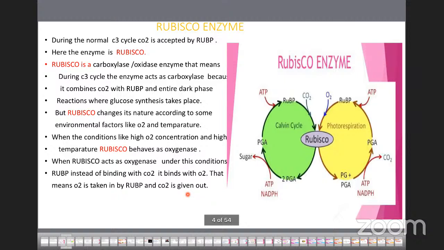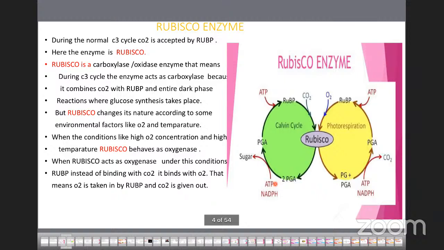So these are the important characteristic features of Rubisco, and that was observed in this picture or in this cycle. See here, this is the Calvin cycle and this is photorespiration. In the Calvin cycle, RuBP accepts CO2 in the formation of phosphoglyceric acid, and by undergoing a reduction, this PGA turns into phosphoglyceraldehyde molecules, and these aldehyde molecules again help in the regeneration of RuBP and in giving starch molecules.